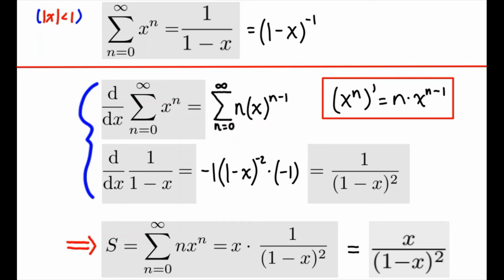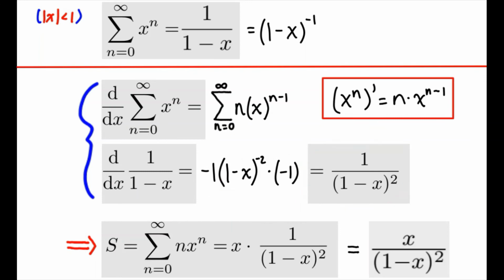Now the derivative of 1 divided by (1 minus x) is equal to minus 1 times minus (1 minus x) to the minus 2 power, because remember this is equal to (1 minus x) to the minus 1 power, and times minus 1, because minus 1 is the derivative of 1 minus x itself. Now this is just going to be equal to this over here.